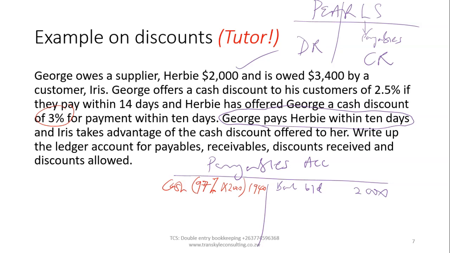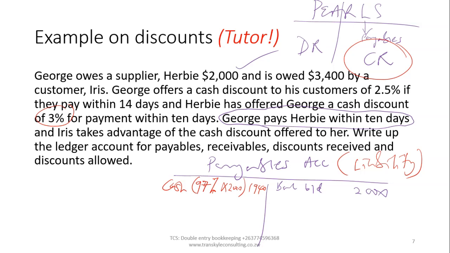So why are we writing the cash on this side? If you still remember from my introductory statements, the payables account is a liability account, and liabilities are by default credits. So the balance brought forward for a payable started with $2,000 here, the amount George owed the supplier.